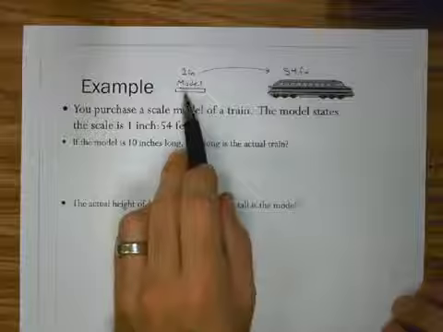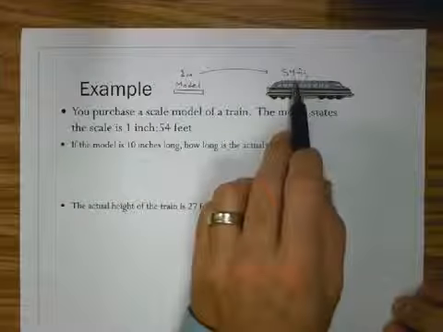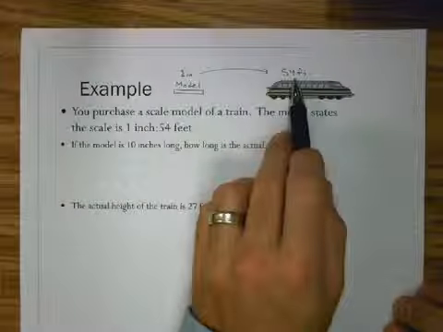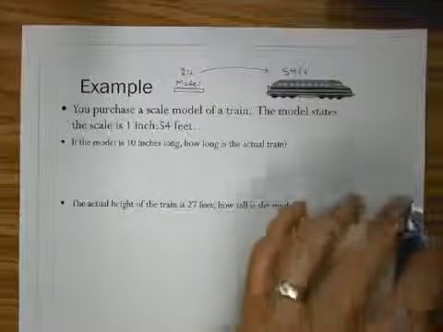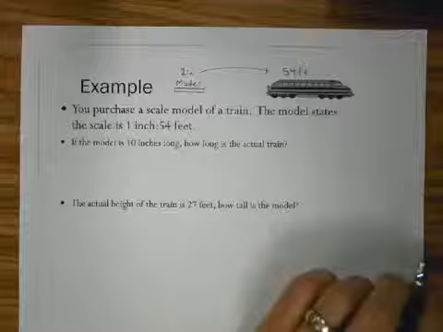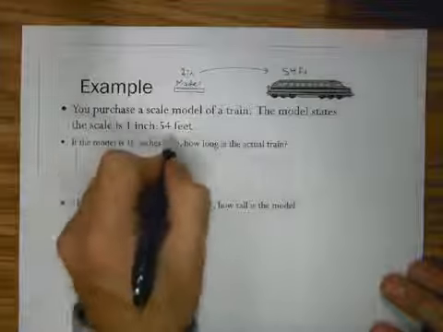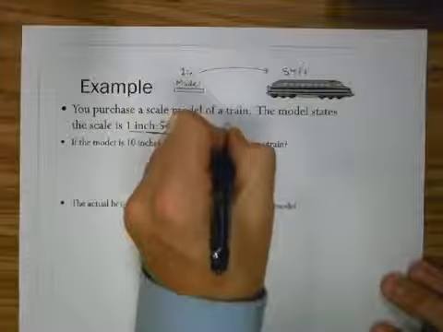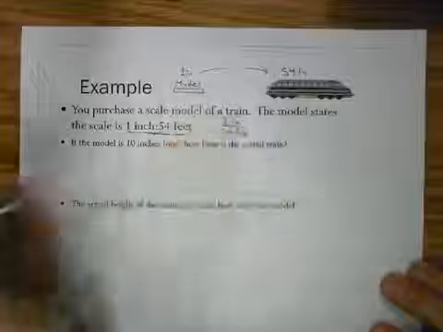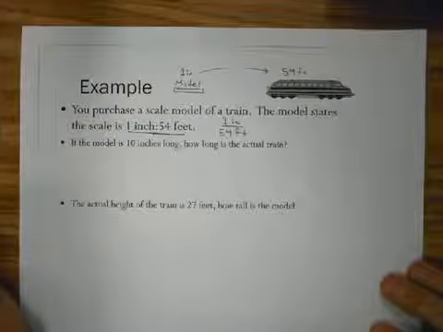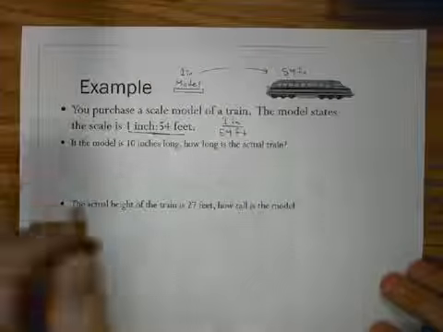Because we're not going to buy an actual train. We want the small representation of it. So maybe we say something is 2 inches on the model. Well, we multiply it by 2, that'd be 108 feet of the actual object. 54 feet to 1 inch, so that's what we're comparing.